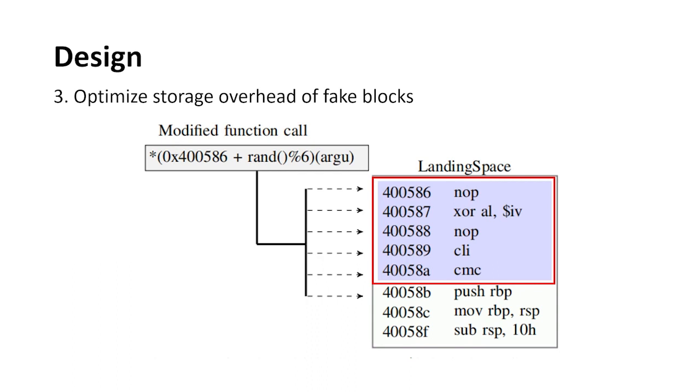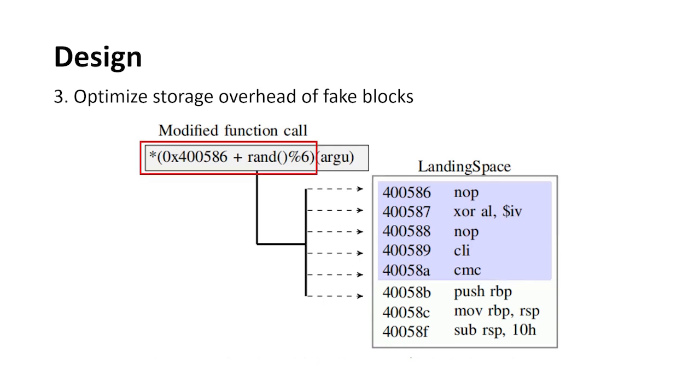We call this region the landing space. These 1-byte instructions will not affect the normal execution of the program. We then further modify the original function call so that every time the function is invoked, the control flow will land at a random byte in the landing space.